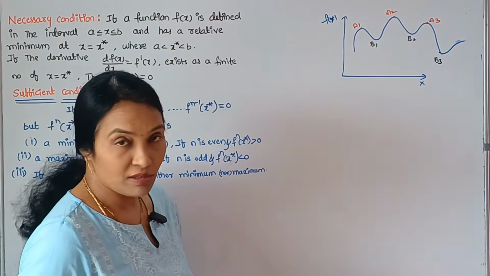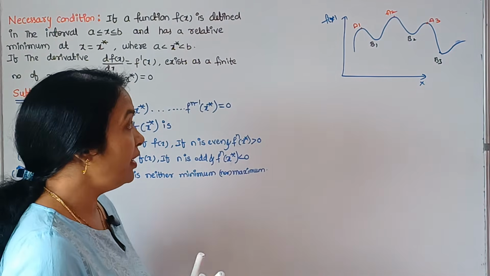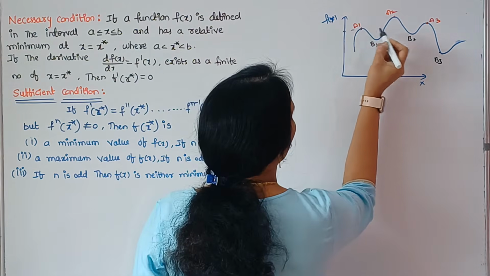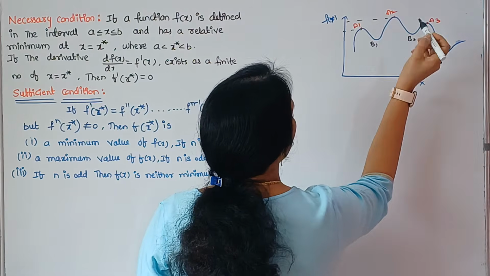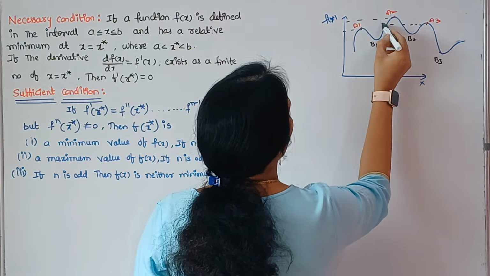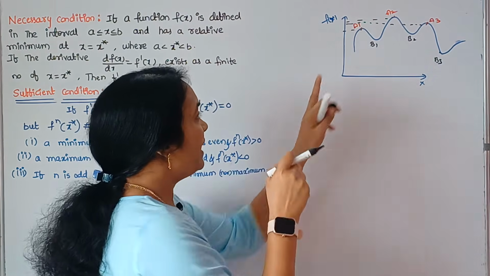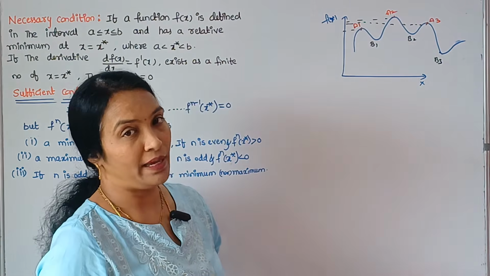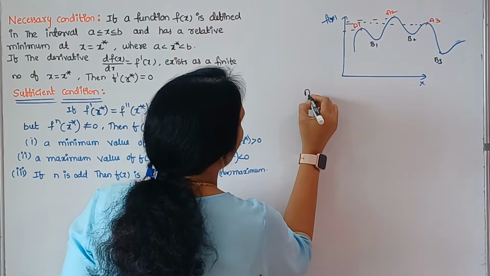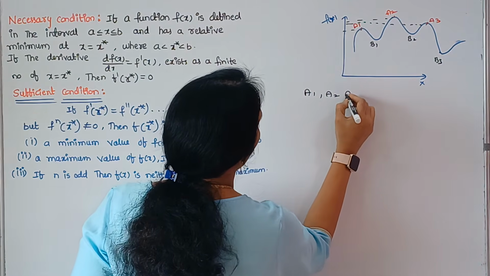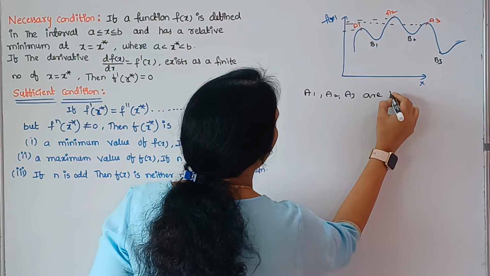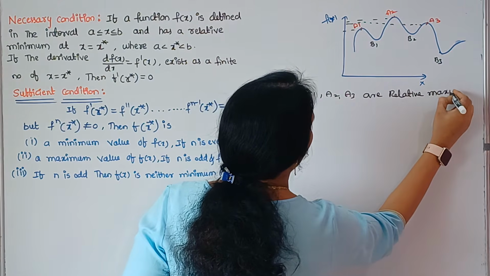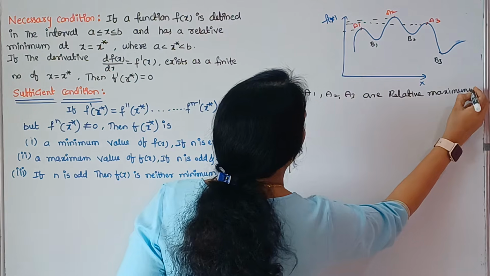This is y is equal to f of x. For example, here what are the maximum values? This is a maximum, this is also one maximum, and this is also one maximum. Means a1, a2, a3 are the relative maximums.